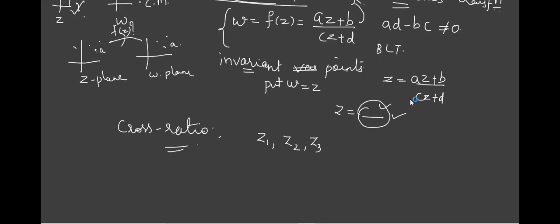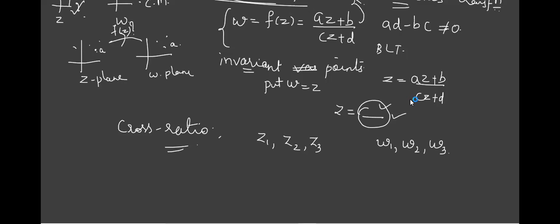They'll give some values; take them as Z1, Z2, Z3. Similarly, they'll give the images in the W plane. When the question is asked on BLT, they'll give 3 points in the Z plane, 3 points in the W plane. The 3 points in the W plane, how can we call them? Obviously, W1, W2, W3. Are you getting it?